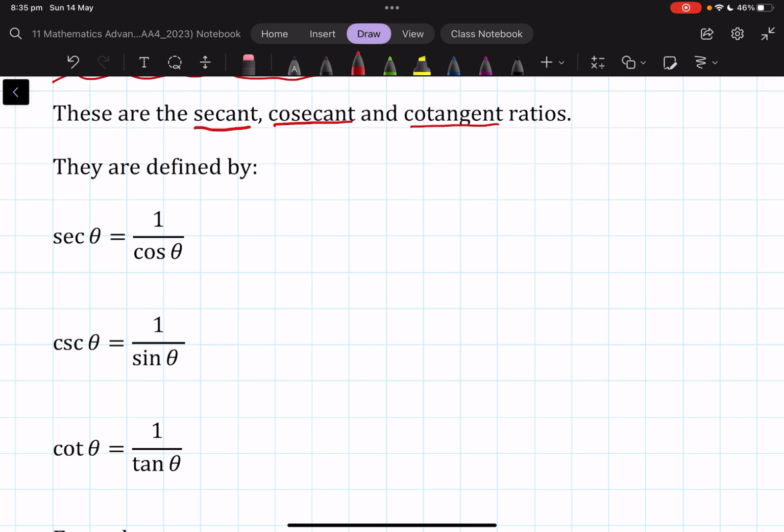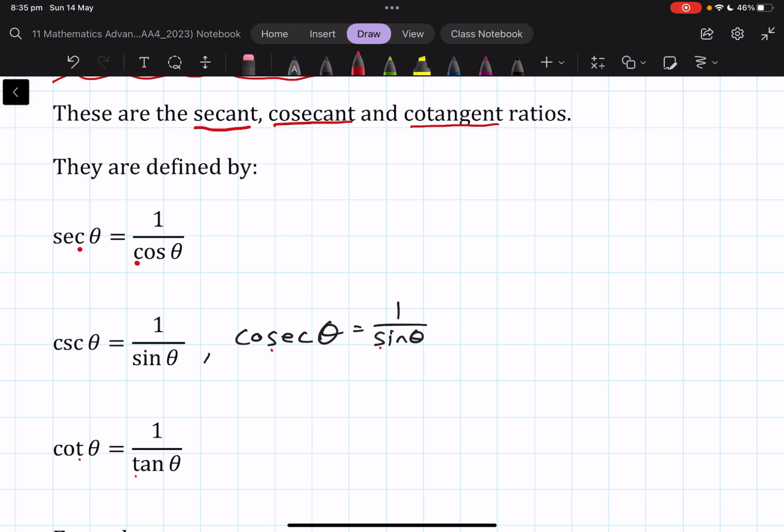Now the trick is to remember the third letter, C and C. Most of the world does cosec as CSC. We in New South Wales tend to do this: cosec theta is equal to 1 on sine theta. So cosec and sine, and then cot and tan. And so they're 1 over.